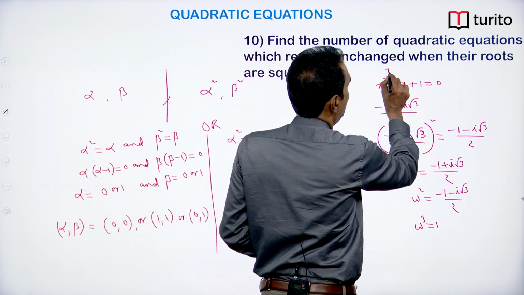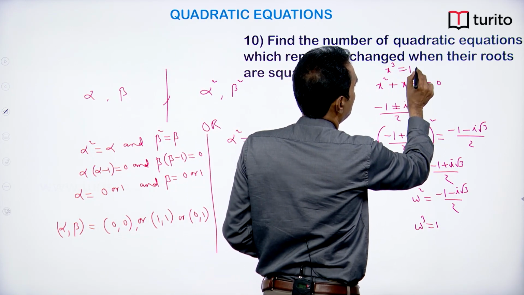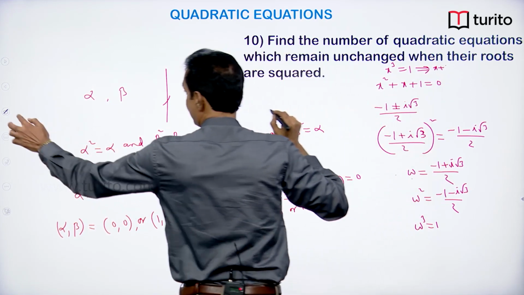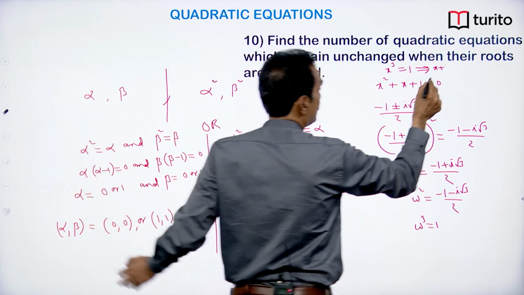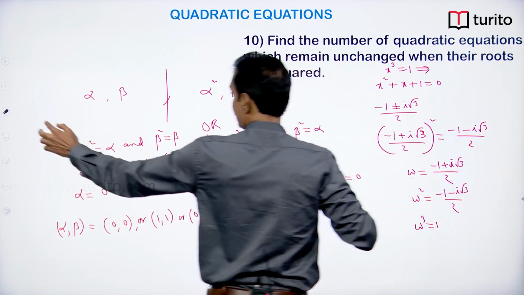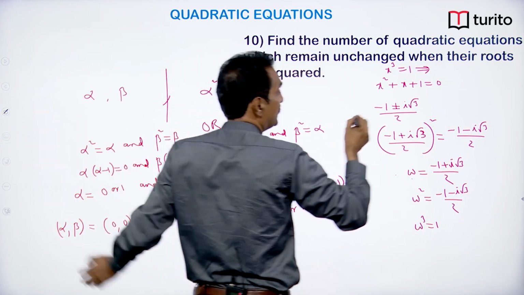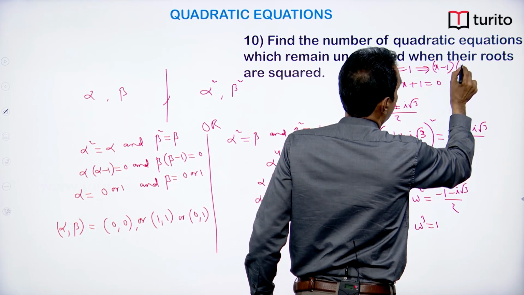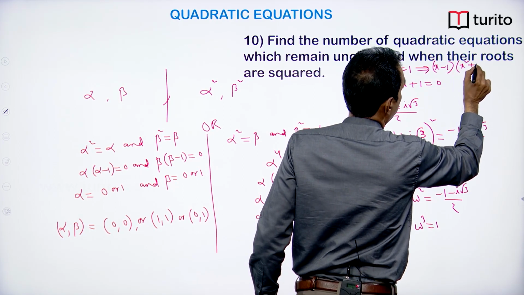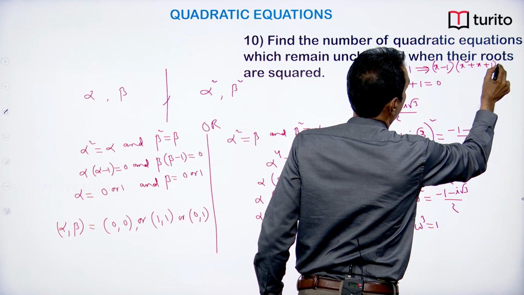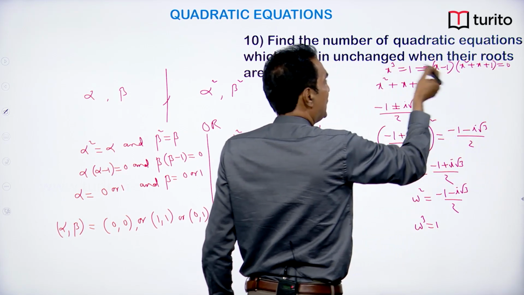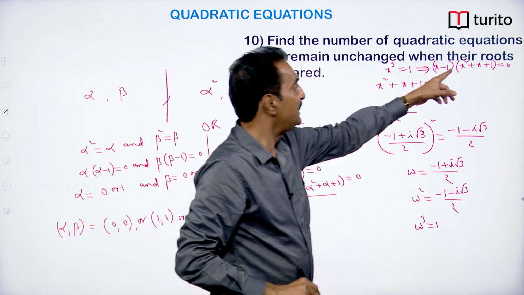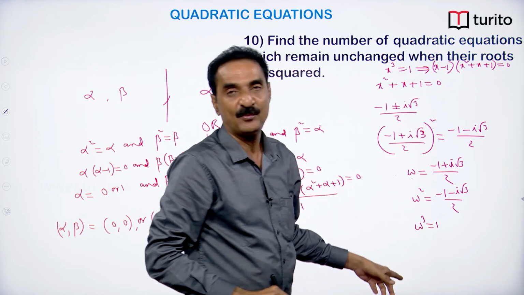If you take x cube is equal to 1, you can factorize, you will get x minus 1 into x square plus x plus 1 is equal to 0. x is equal to 1 is a real cube root of unity, and the roots of this equation are omega and omega square.